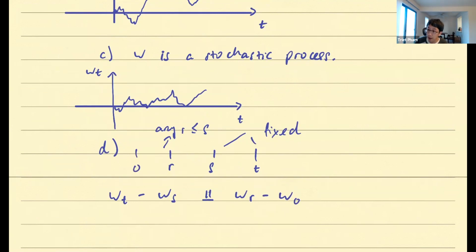We think of zero again as that invisible starting point, because W_0 is equal to 0. So the increment from S to T is independent of the increment from 0 to R. Of course, W_0 is 0, so all we're saying is W_t minus W_s is independent of W_r, for any r less than or equal to s.